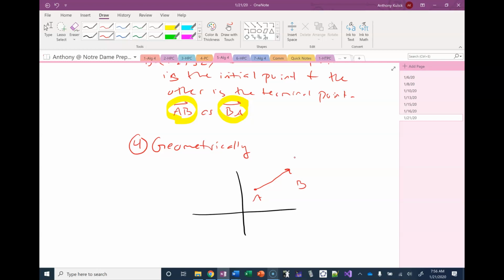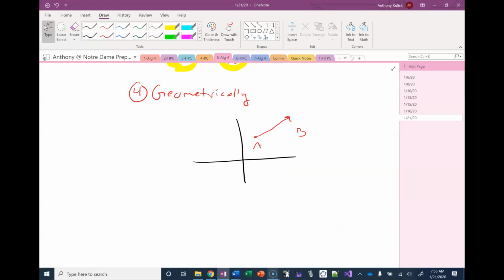The point of the arrow is indicating the direction, and the length of the arrow is indicating its magnitude. So these are four different ways that we can denote a vector. And most of what we're going to be dealing with in this first section is talking about ways to move back and forth between these different forms.